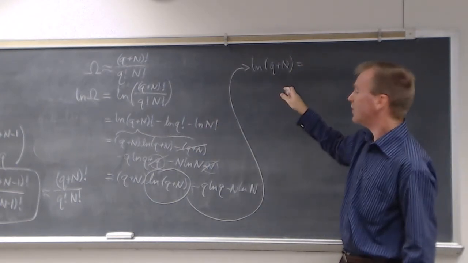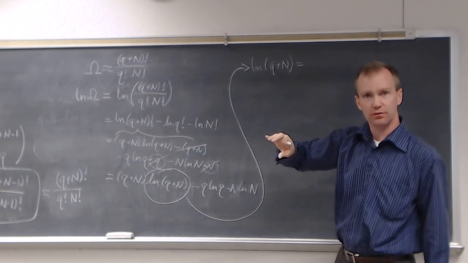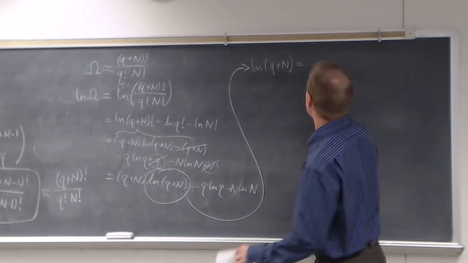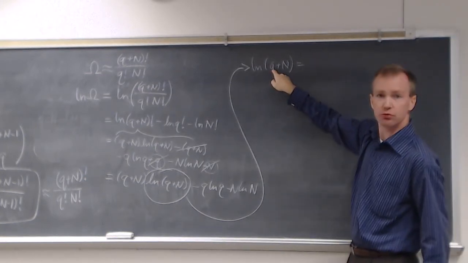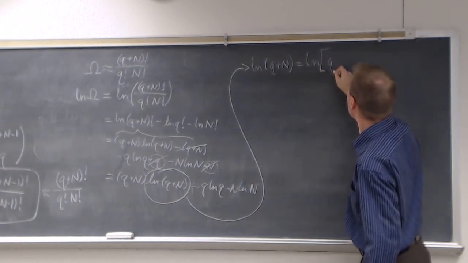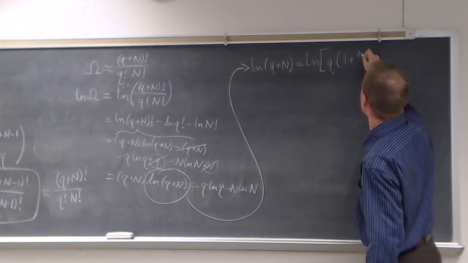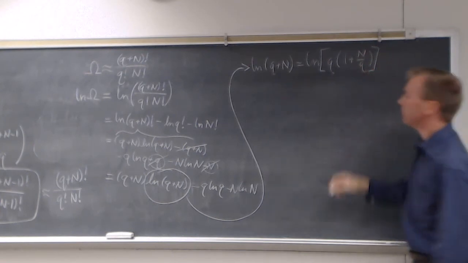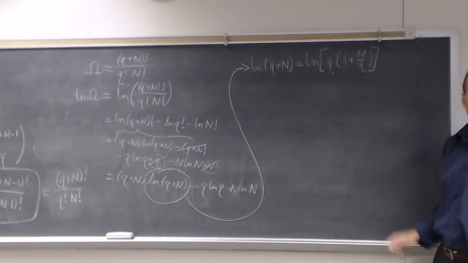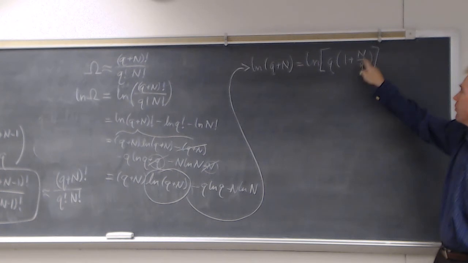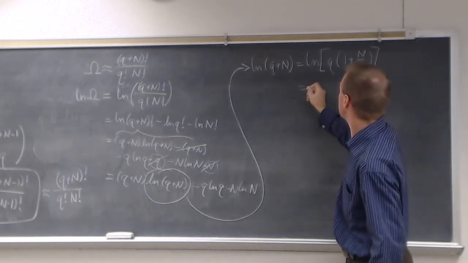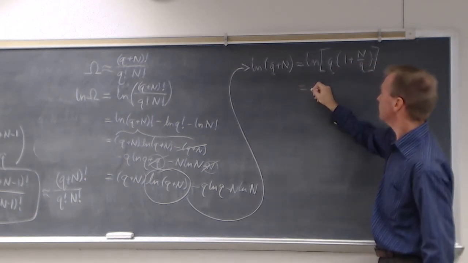Then, if I can come up with a ratio of n over q, and q much greater than n, then I've got something much less than 1, and that'll be nice. So let me factor out a q inside the argument. So now the argument is q times 1 plus n over q. Now I've got this 1 plus something much less than 1, and that's going to be where I take my approximation. Of course, I've got a product now.